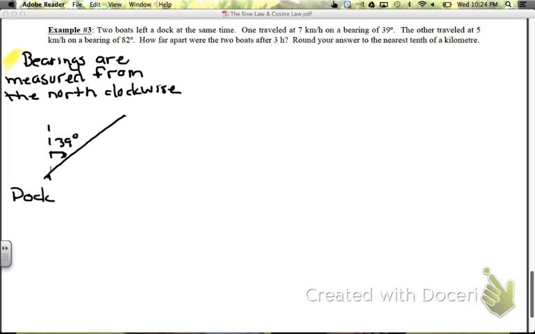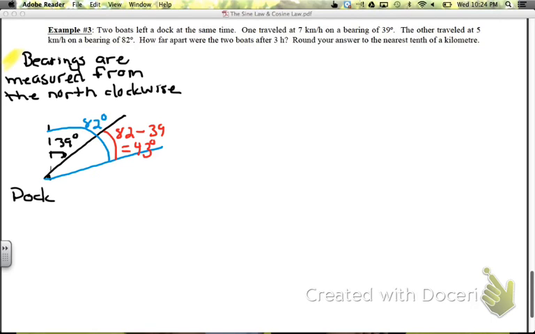Now, if we look at our second boat, it leaves on a larger bearing of 82 degrees. So this whole angle is 82 degrees. So what we need to do is find this inside angle here between the two boats. So to find that, you're going to take 82 minus 39, which will give you 43 degrees.